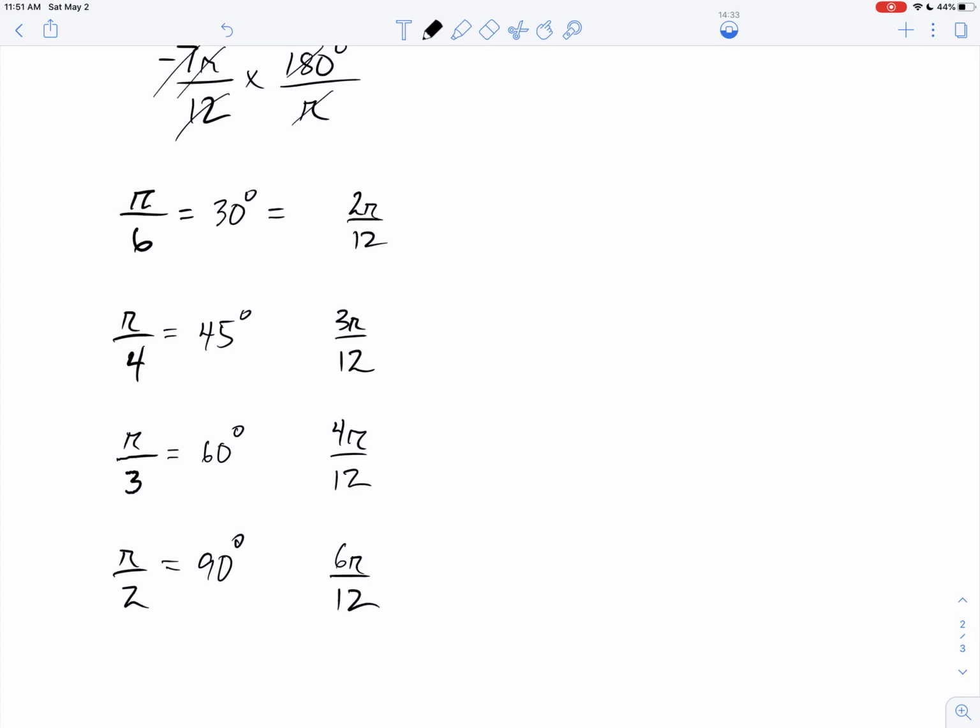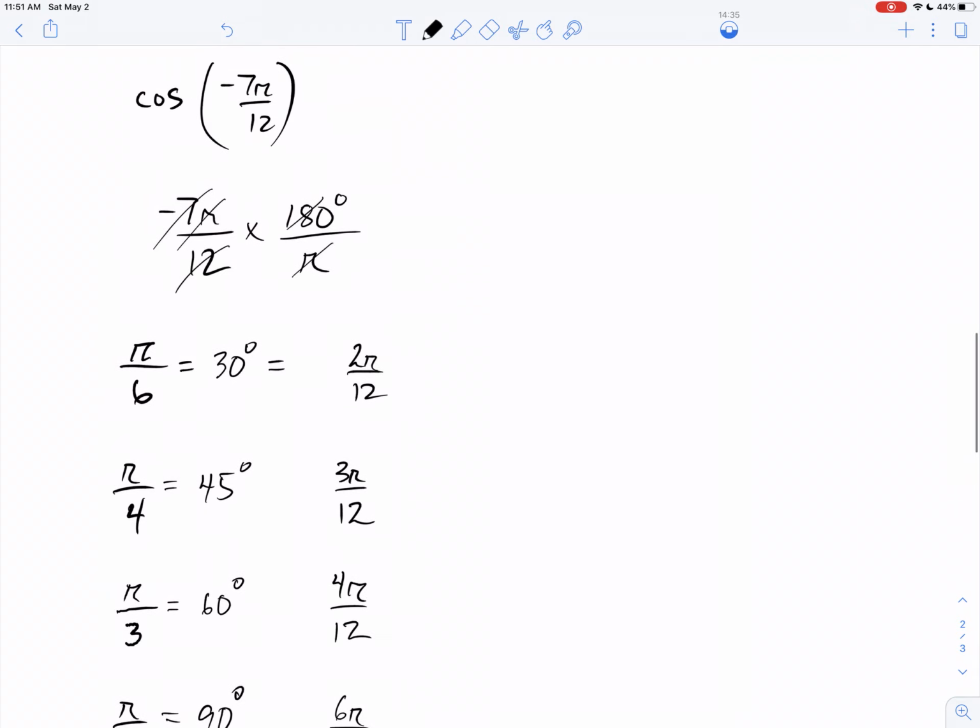Now, I don't know if you guys see this, but this is what I'm looking at right here. These guys. I know that if I wanted to, I could say negative 3 pi twelfths and negative 4 pi twelfths, add them together, would I get cosine of negative 7 pi twelfths?